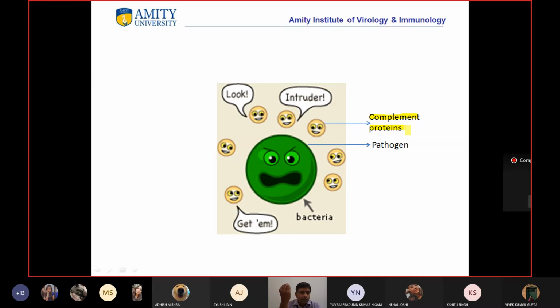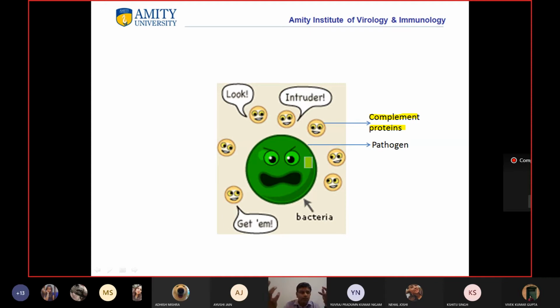Whenever a pathogen enters our system, you can see a pathogen has entered, and what happens? The complement system gets activated. The complement proteins get activated, and then they bind to the pathogen and ultimately kill the pathogen, right?